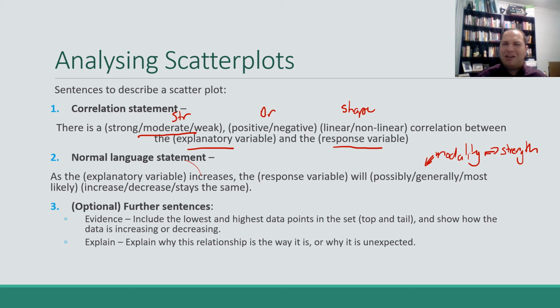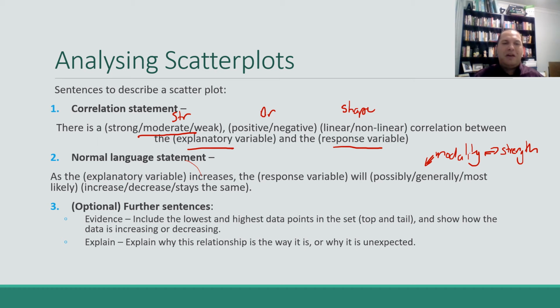If there's a moderate correlation, you might say it will generally increase or decrease. If you have a weak correlation, you could say the response variable might increase or will possibly increase. You can change your modality based on how strong the correlation is in that statement.